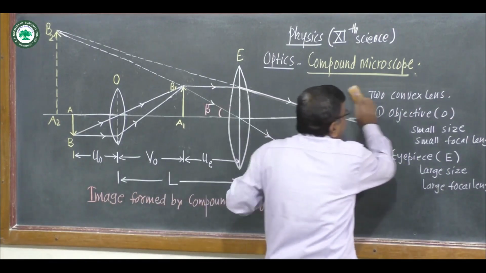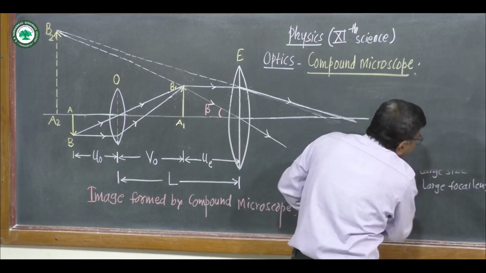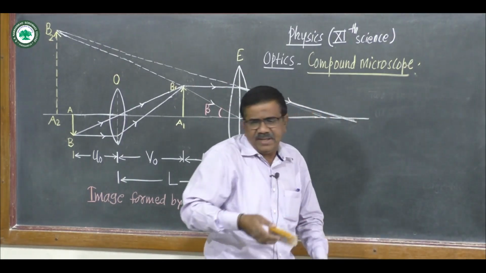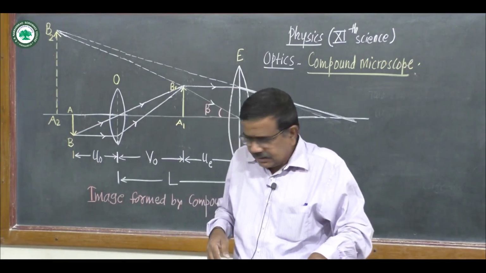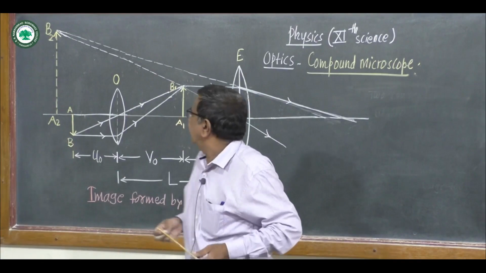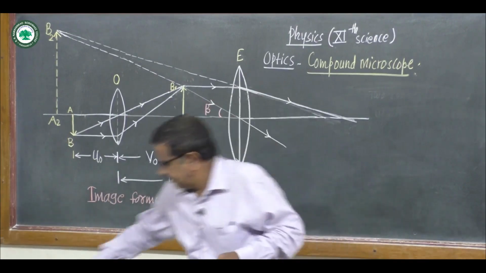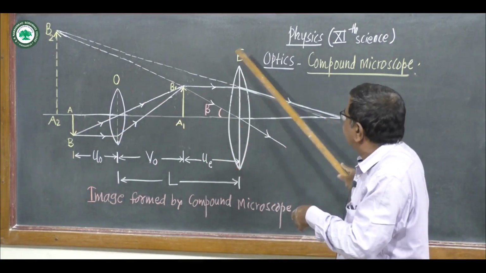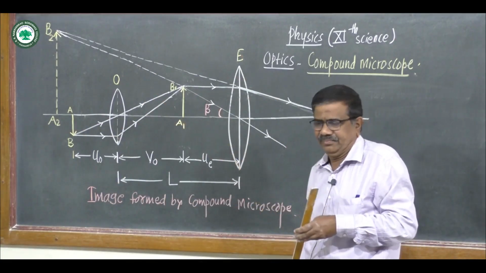Now we see the image formed by the compound microscope, and then we find its magnifying power. The image formed by the compound microscope is shown in this figure. This is the ray diagram.